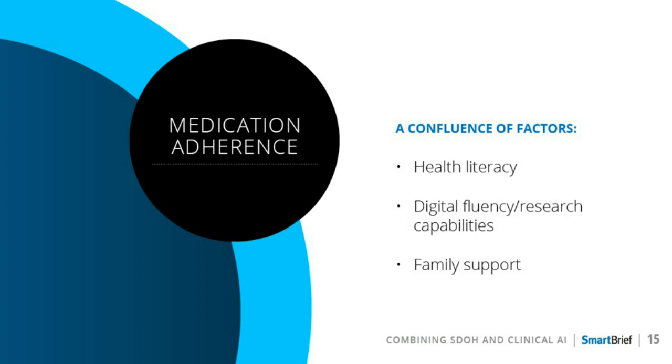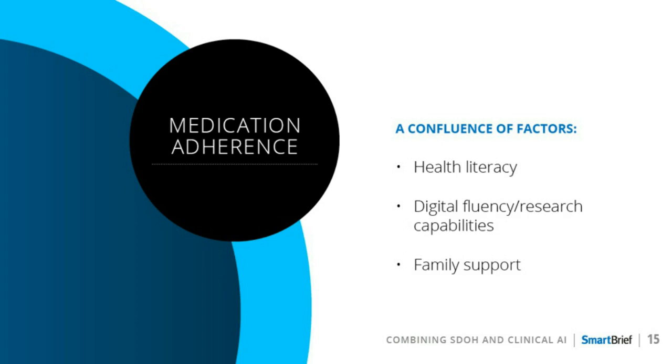Whereas others that have financial difficulties, potentially large families that also have chronic illnesses, may be in a position where they're choosing between purchasing their medication and their child's medication. If you're a parent trying to decide between purchasing your diabetes medication or your child's asthma inhaler, you're probably going to buy your child's asthma inhaler and forgo your own medication adherence if you're forced to make that choice.